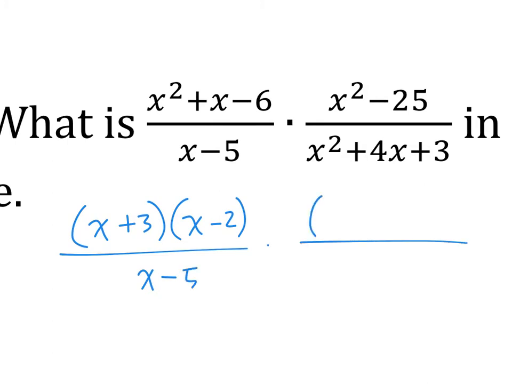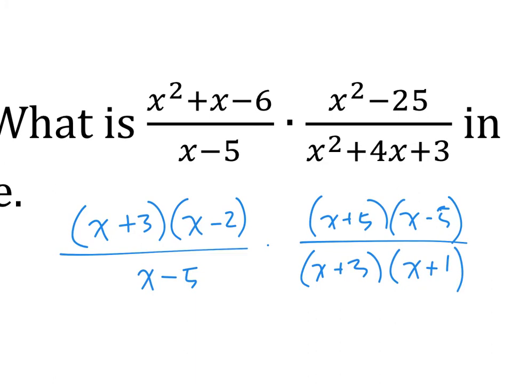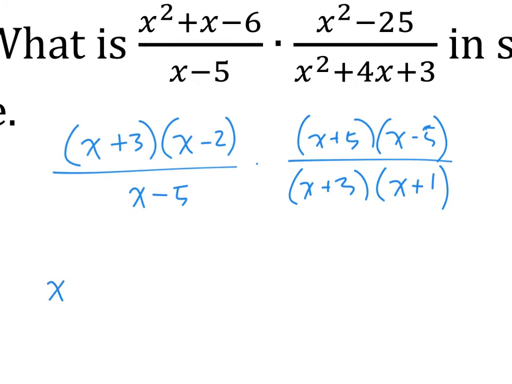The other one is x plus 5, x minus 5 over x plus 3, x plus 1. Again, before you do anything, write the restriction. x can't equal 5, negative 3, negative 1. So anything that's in the denominator. Next, you want to cancel as much as possible.